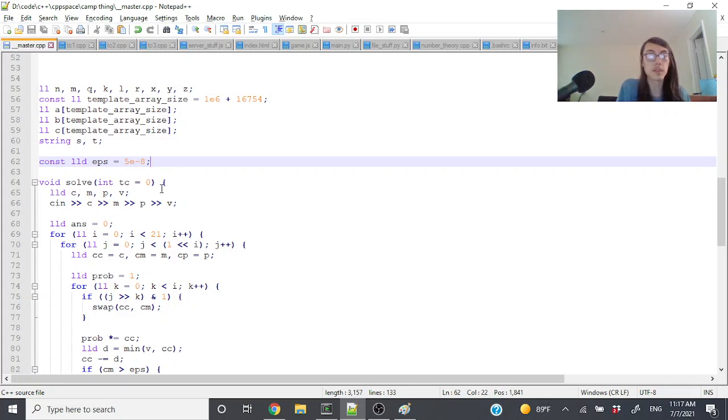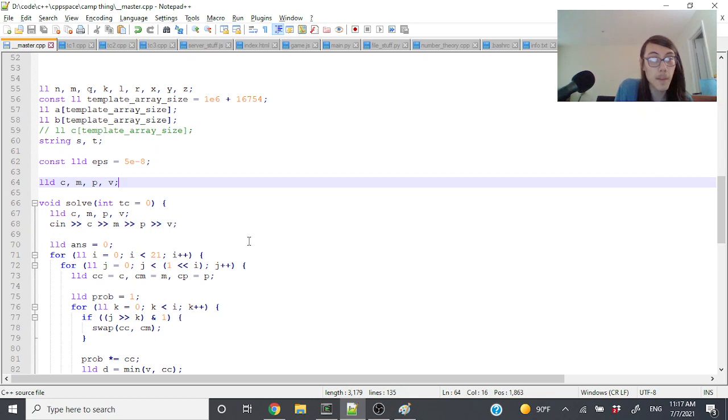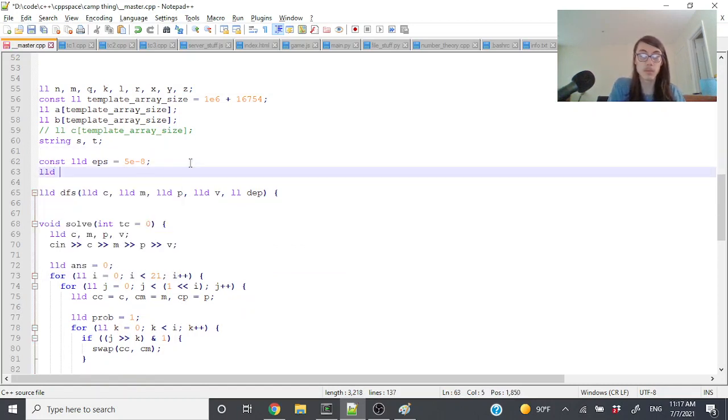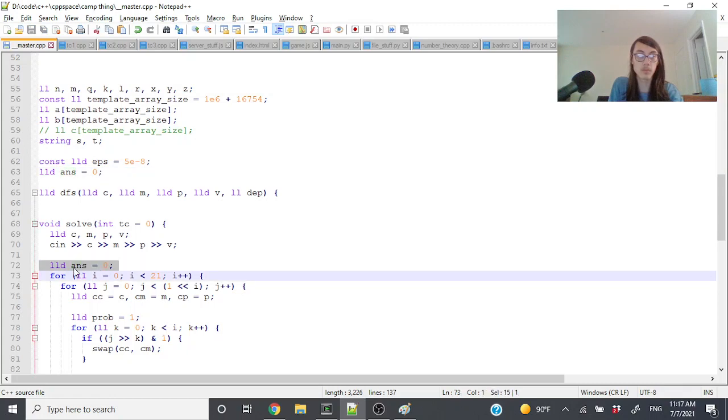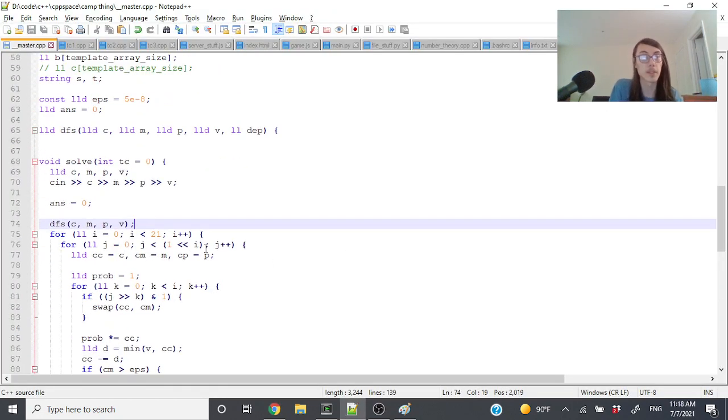Is that what they want us to do? I'll be fast in iterating over masks.